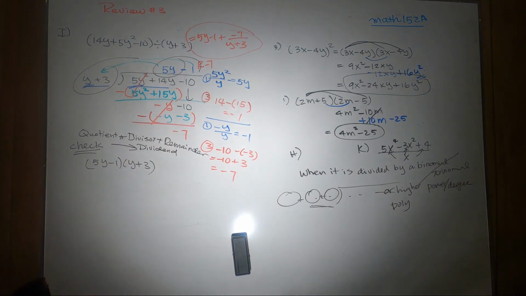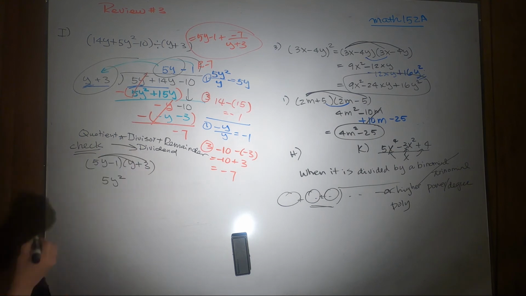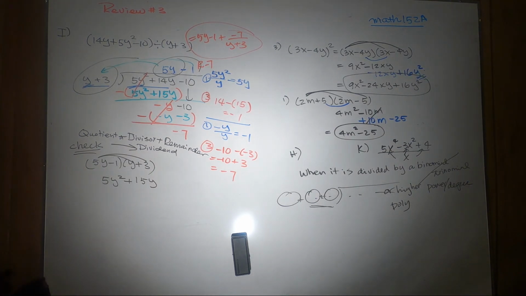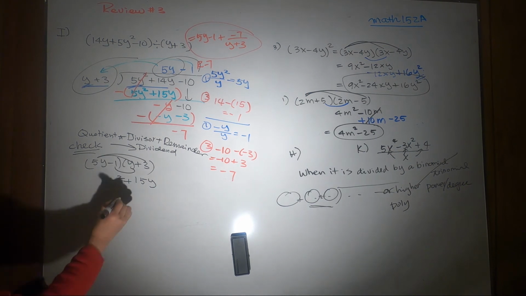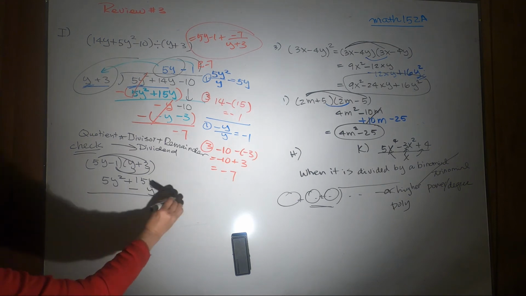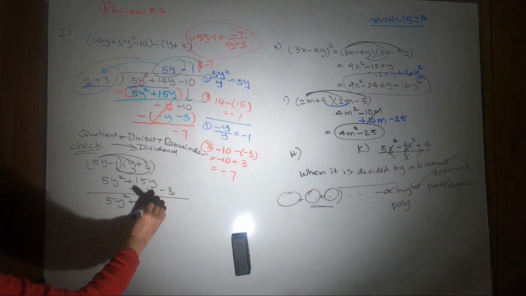Right? So let's check. 5y times y, 5y squared, right? 5y times 3 plus what? 15y, right? And -1 times y, minus y, and minus 3. So what do we have? 5y squared plus 14y minus 3.